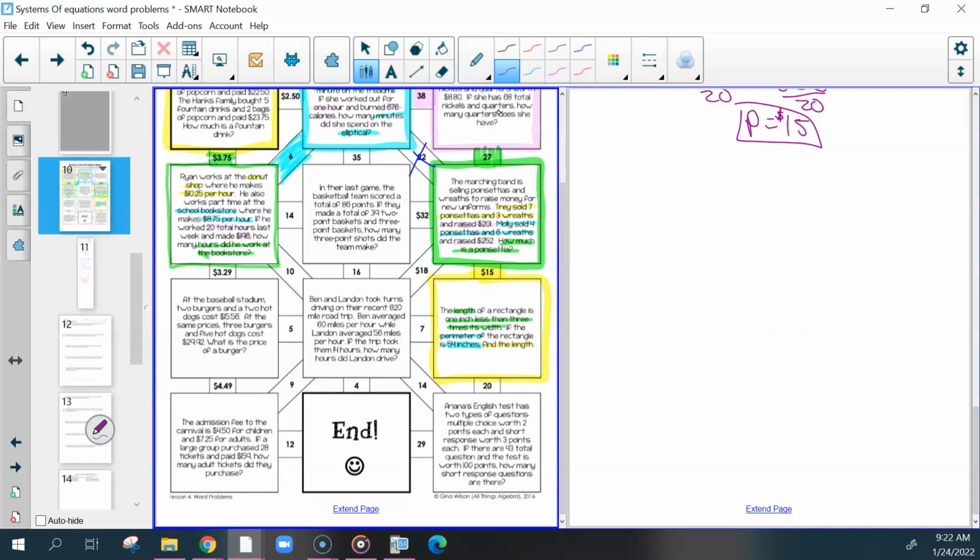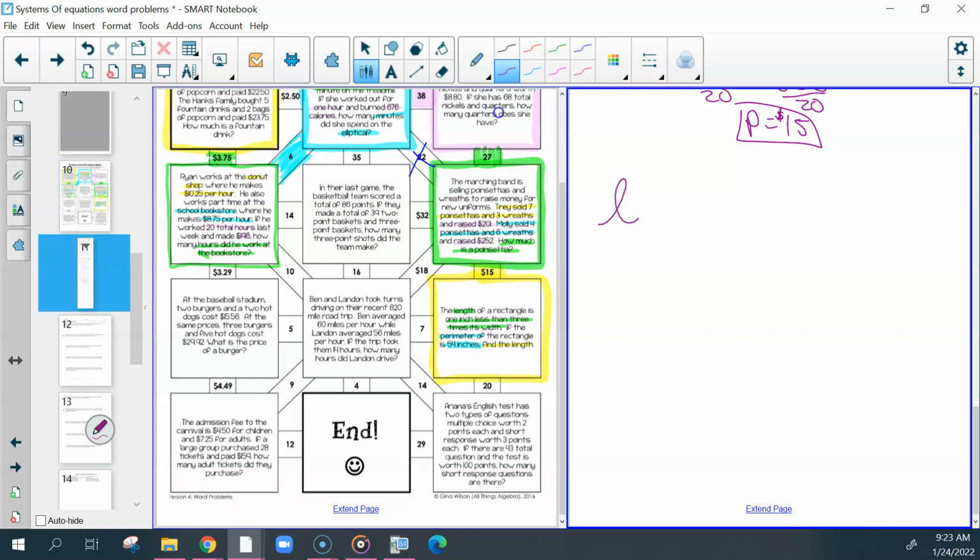So for this, we need to remember that we first need to set up the equation for the length. 1 inch less than 3 times the width. How would we set that up? 3x minus 1. We use L and W, but if you use X and Y, tell me what each one means. So L equals 3W minus 1.